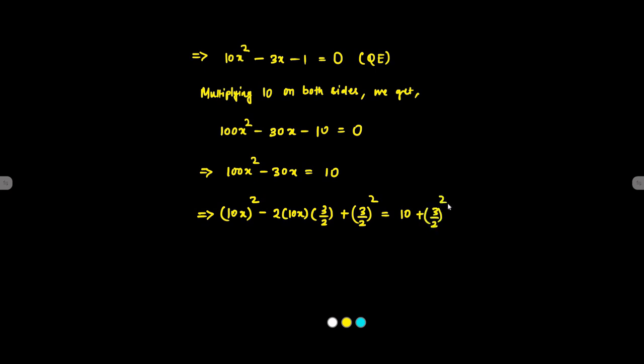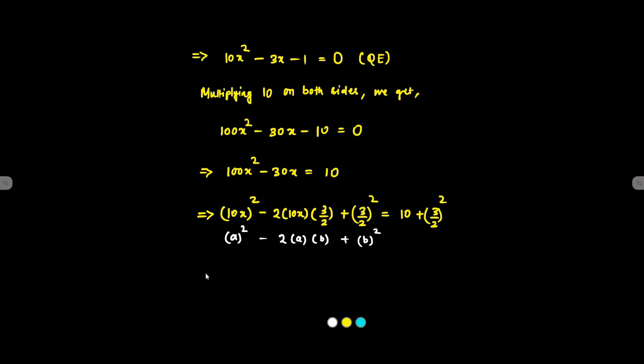The same usual approach that we have done in all the previous questions. So here this is a square, this is 2 into a into b, plus b square. So this is the a minus b whole square form.